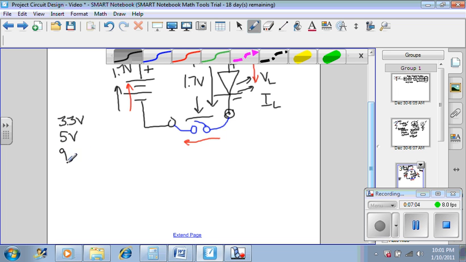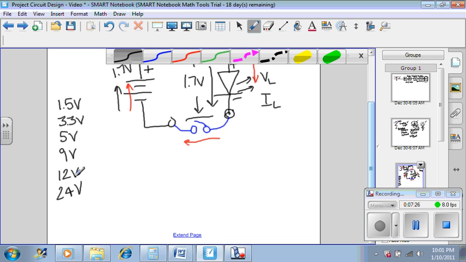You might find some that are 9 volts. You might find a one-cell battery at 1.5 volts. Probably the next number would be 12 volts. And you probably find 24 volts.